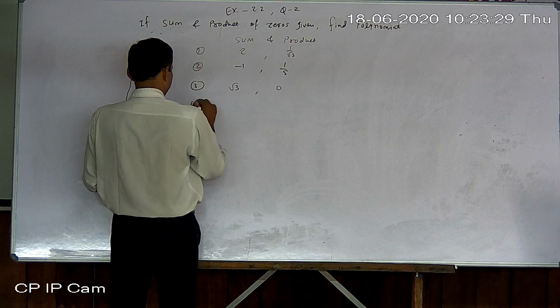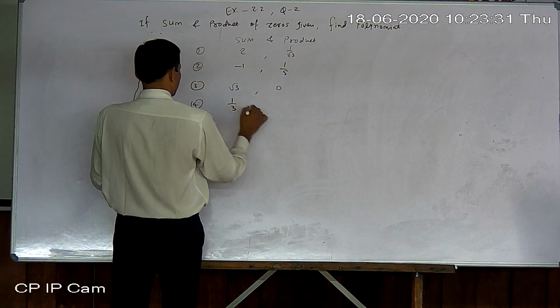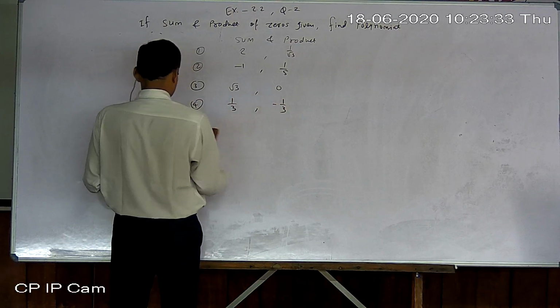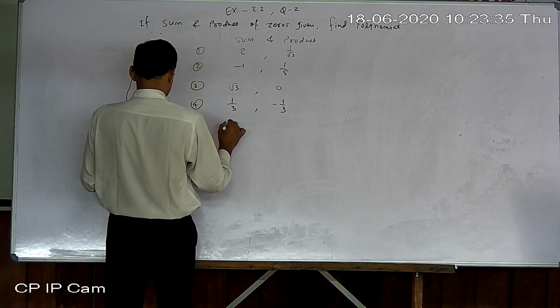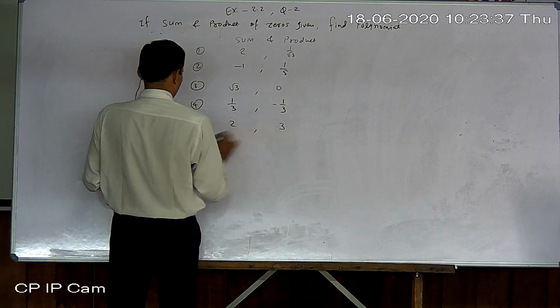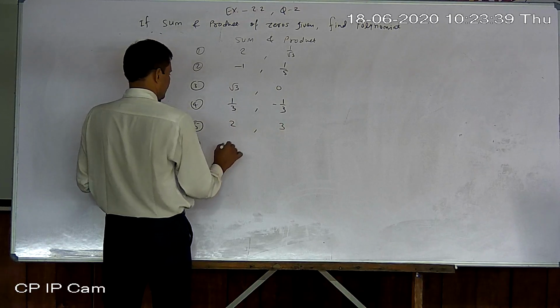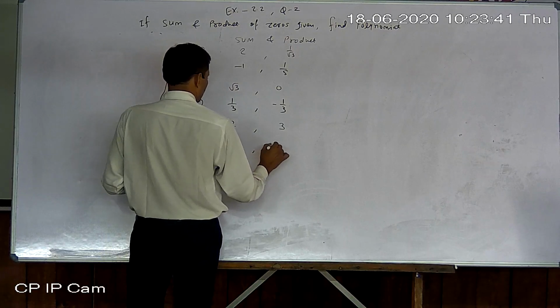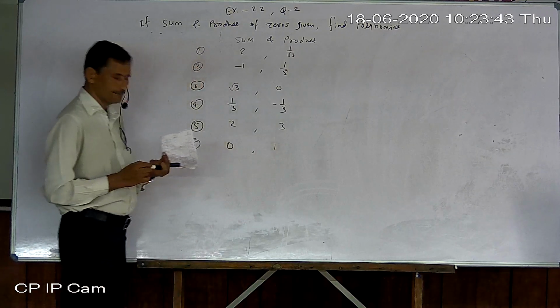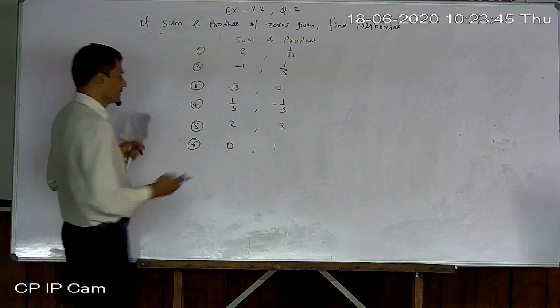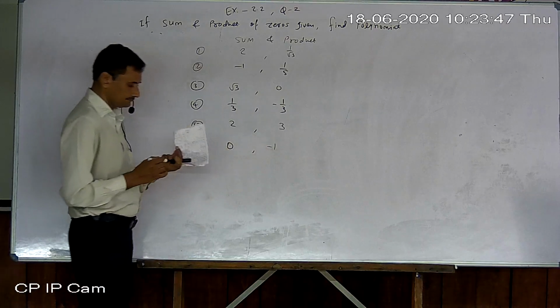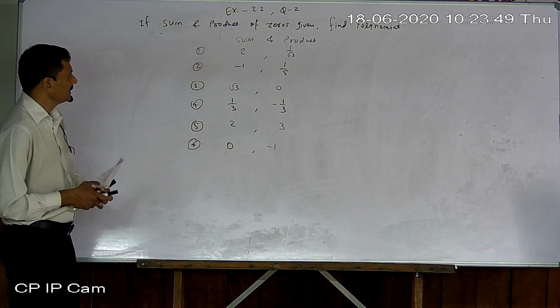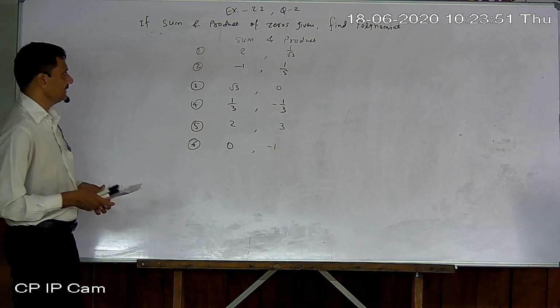Number 4: 1 by 3, minus 1 by 3. Number 5: 2, 3. Number 6: 0, 1. So same types of sums only.